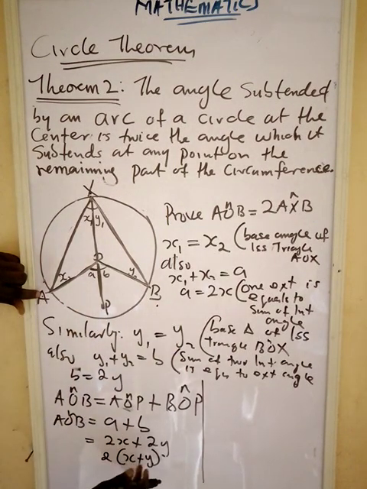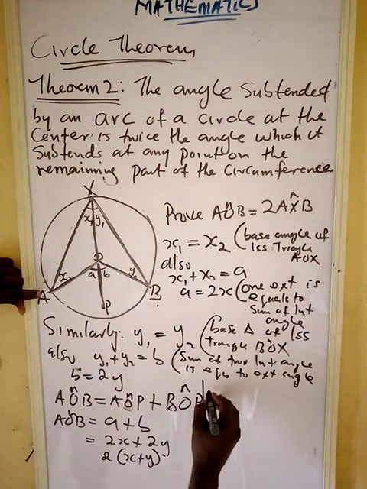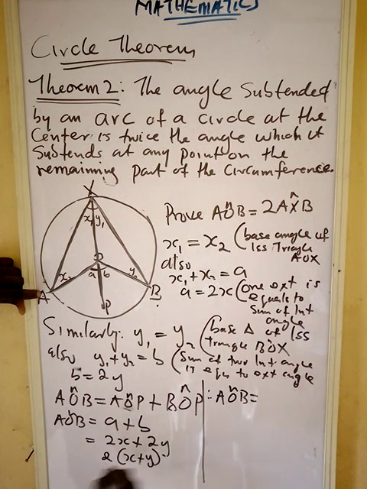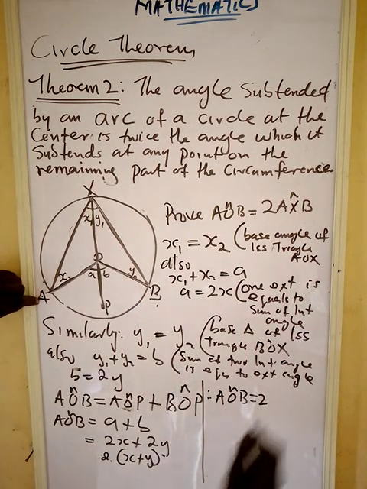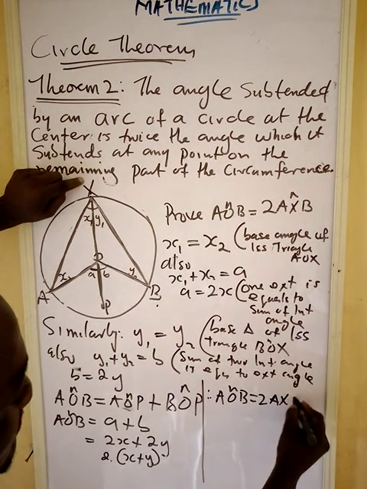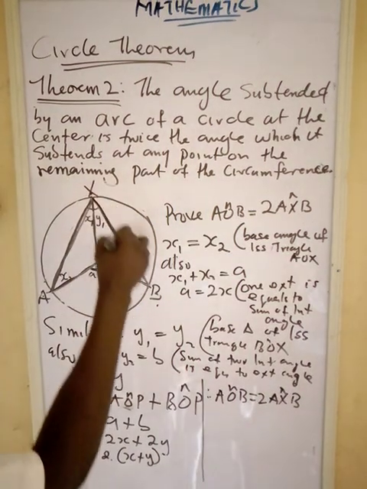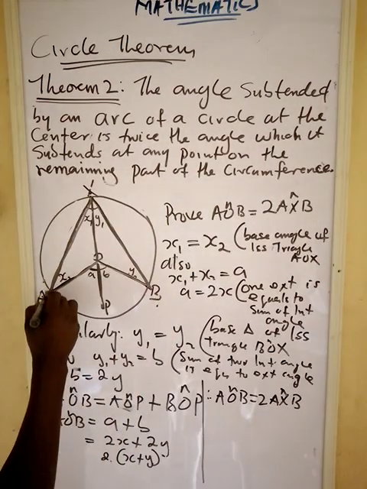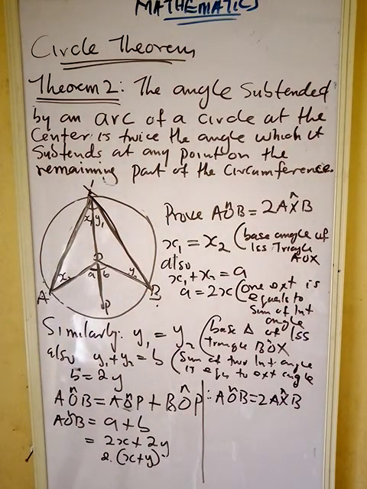Therefore, angle AOB is equal to 2 times x plus y, which is angle AXB. So that is the proof they asked us to give.